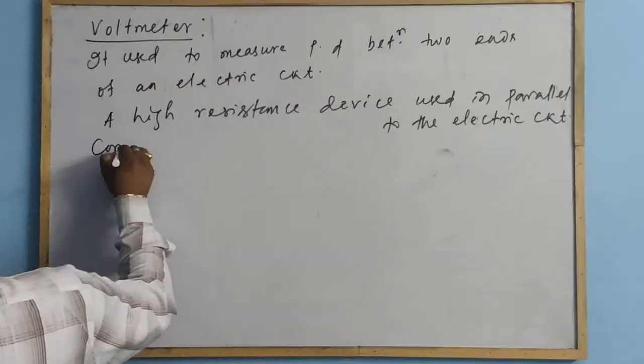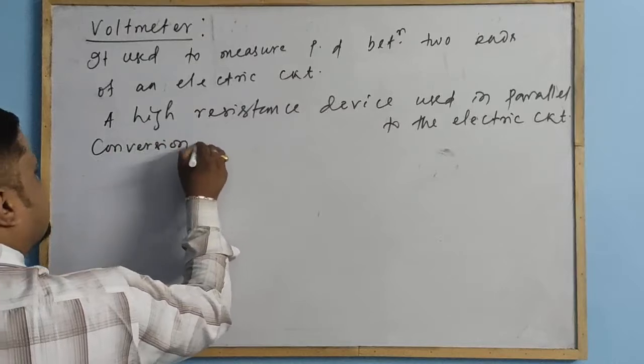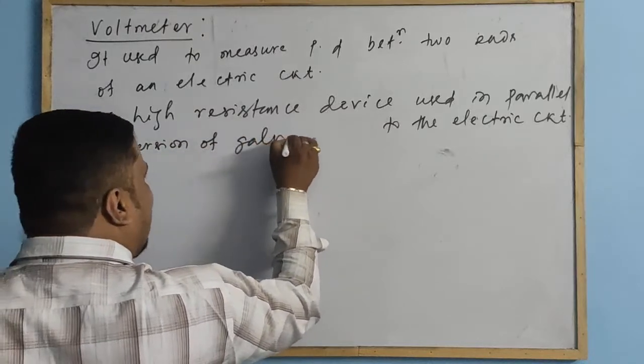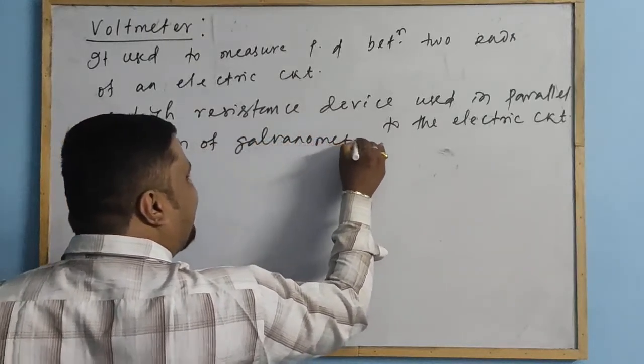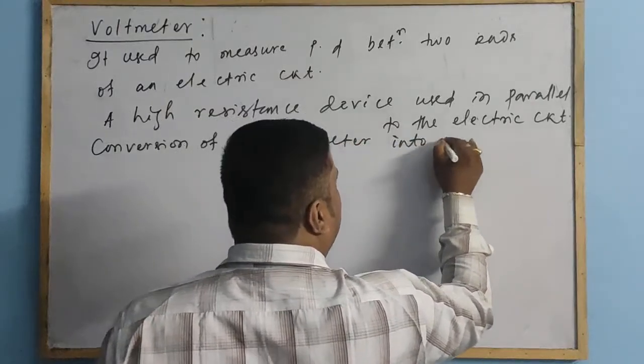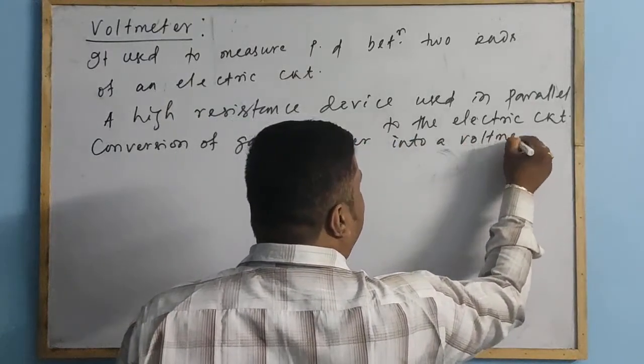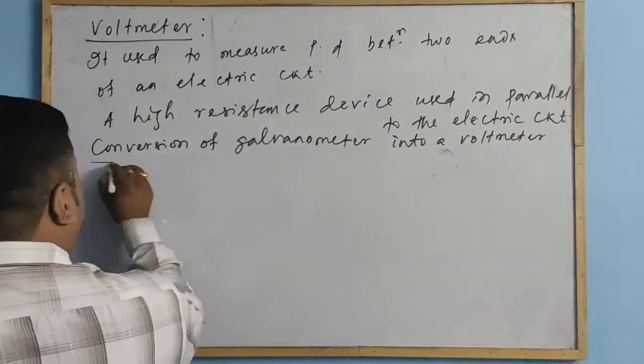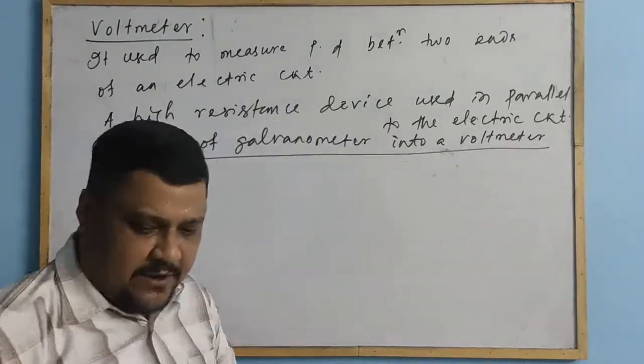Next is the conversion of a galvanometer into a voltmeter. How do we convert that galvanometer into a voltmeter?